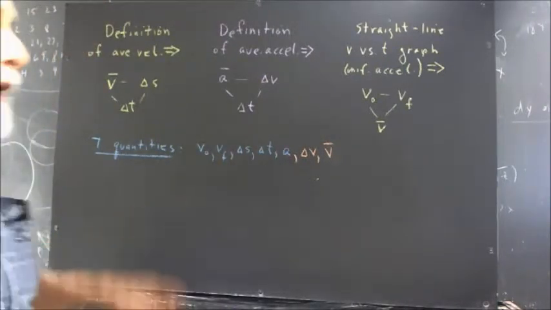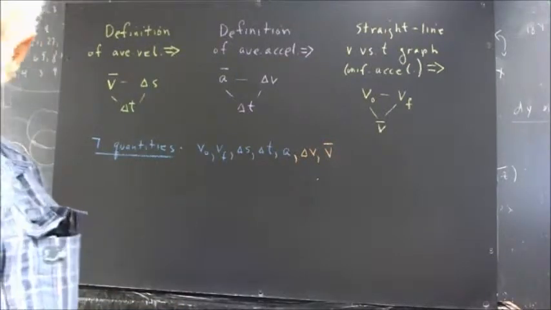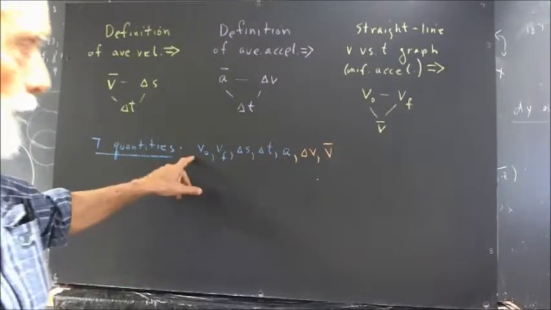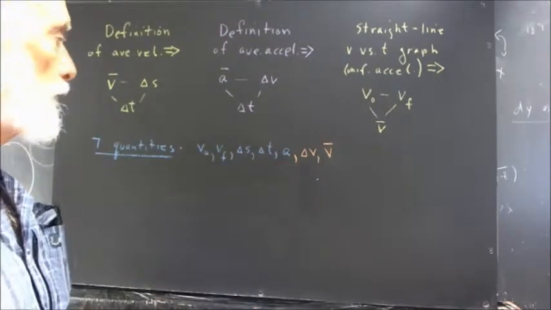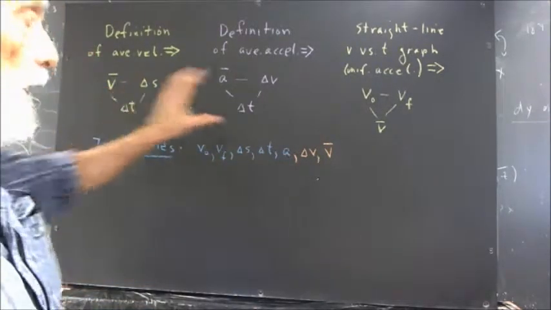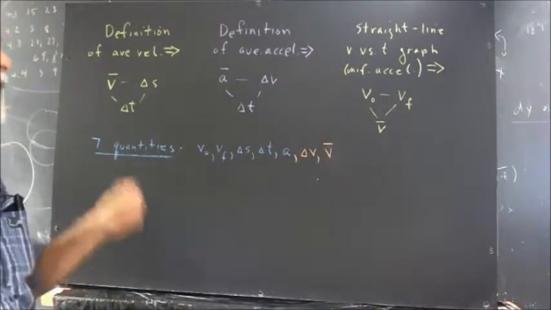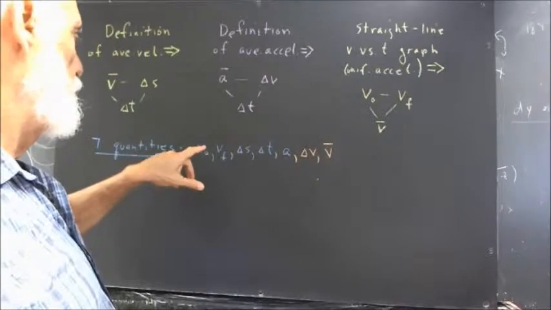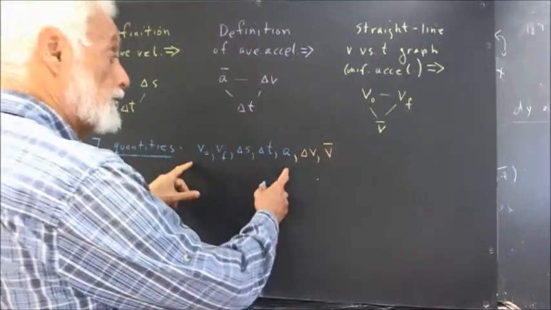Okay, so any combination of 3 of these 5 quantities here can lead, just by pairing up quantities in ways that we'll see in a minute, to the values of all the others. Any 3 of these 5.